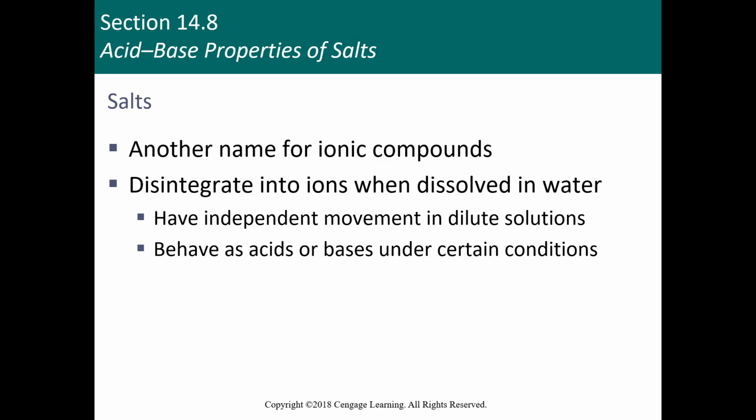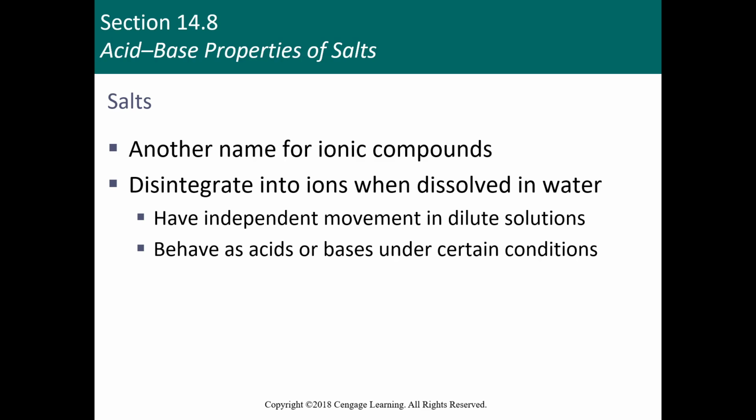Anyways, disintegration into ions when dissolved in water, that's one of the key factors that determines if something's a salt, an ionic compound. That's one of those things that you were presented way back in Gen Chem 1, probably. Hopefully you were presented that actually before that. These have independent movement in dilute solutions, which means that dilute solutions have very low concentrations, right?